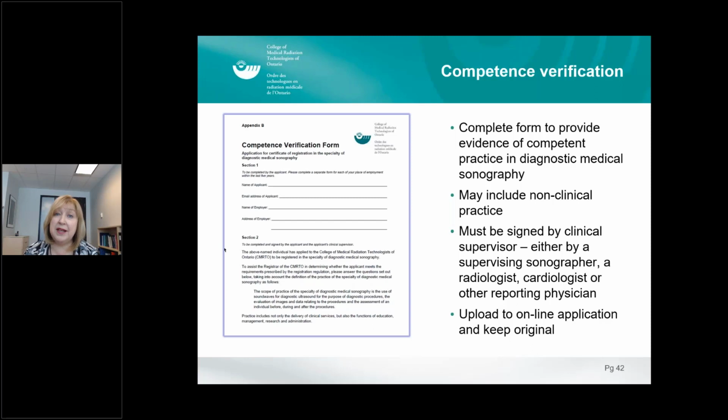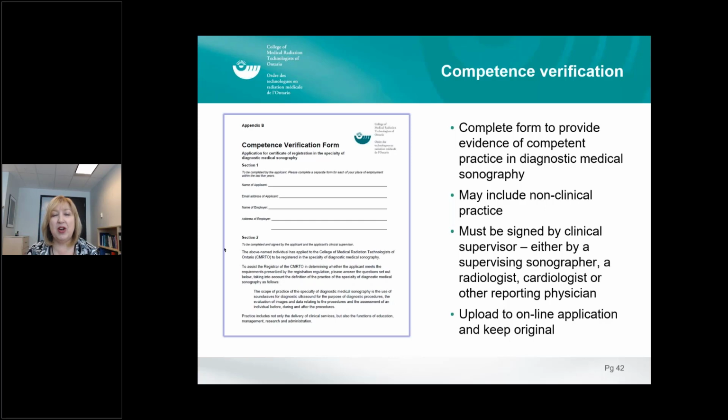The competence verification is a similar kind of process. So that form again is in the application guide, and you can print it off and have your supervisor complete it. So we're looking for it to be signed by your clinical supervisor, either by your supervising sonographer, a radiologist, a cardiologist, or other reporting physician. The good thing about the practice of sonography is someone always has a look at your images and makes the diagnosis.